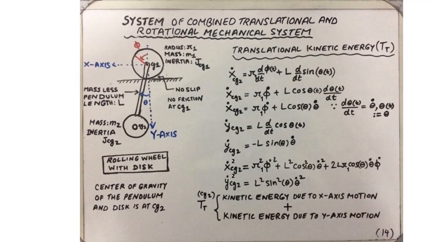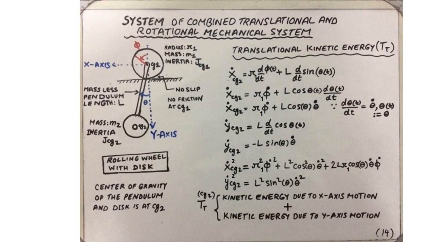Now that we have described the position variables of CG2, our next step is to convert those position variables into velocity variables so that kinetic energy can be found easily.